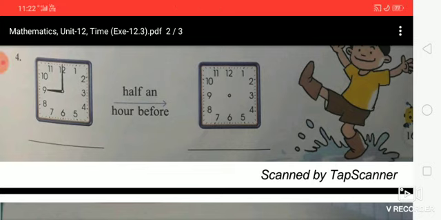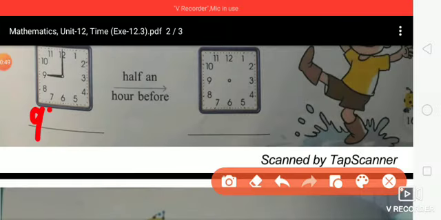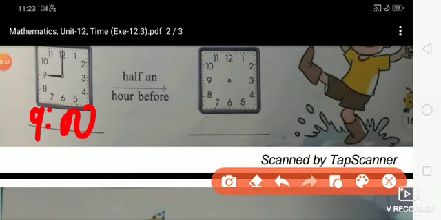First, the short hand is on 9 and the long hand is on 12. What is this time? The time is 9 o'clock. Half an hour before, show your time.